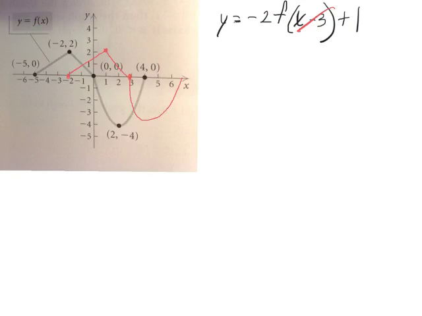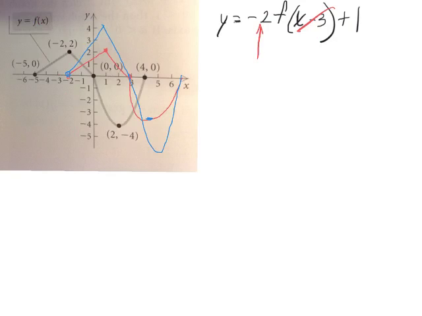Now we're going to look at the 2 right here. And it says that we are going to stretch it vertically by 2. So what we're going to do is multiply the y values by 2. So now let's do this in blue. This graph will go up to 4 now instead of 2, and it'll come down here, and instead of at 4 like it is here, it's going to go down to 8 and then come back up.